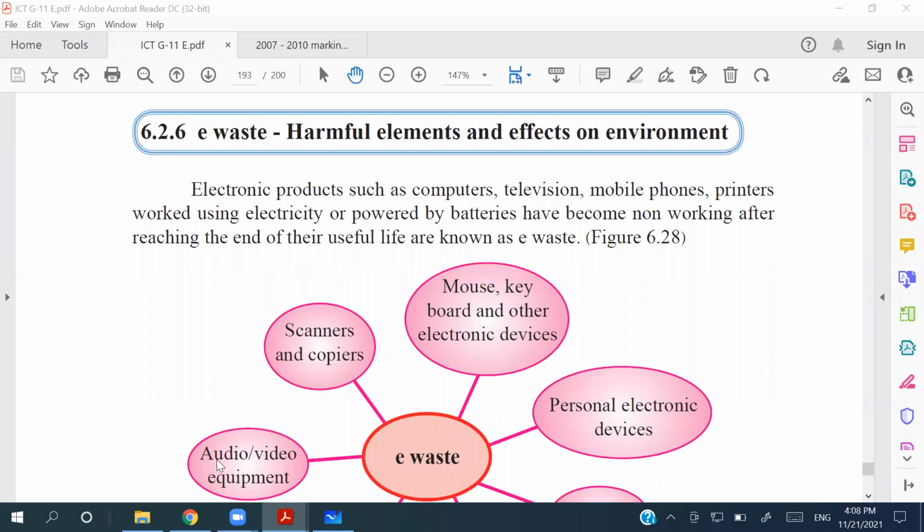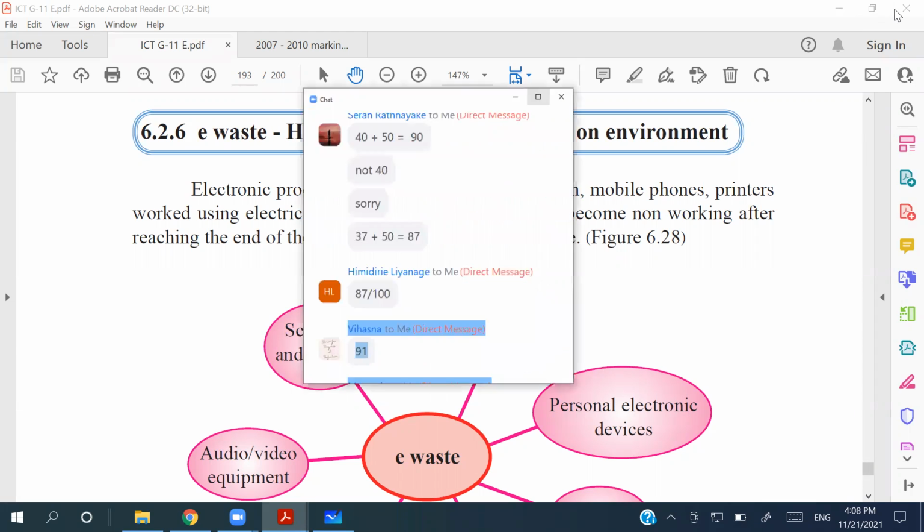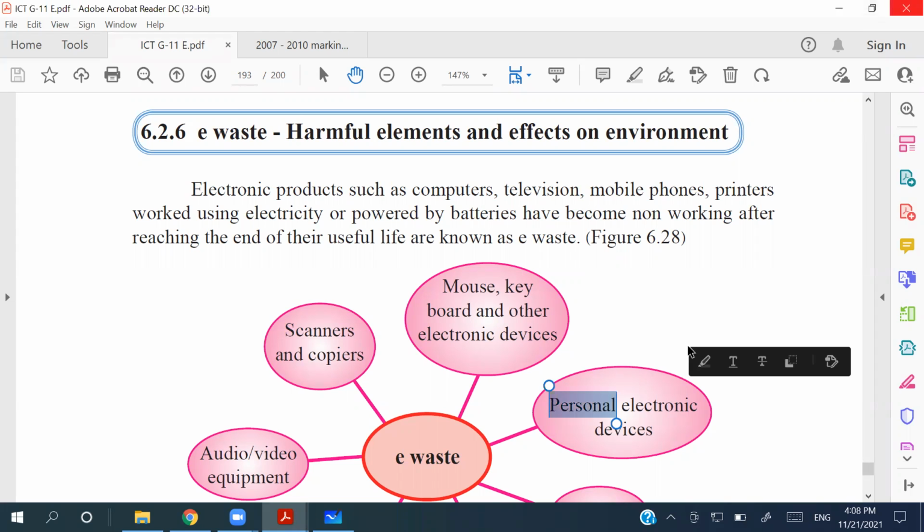Yes. Others. So I got only 1, 2, 3, 4, 5. Only 5 of you. Others. All right.